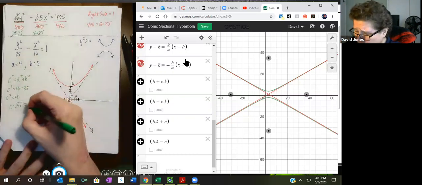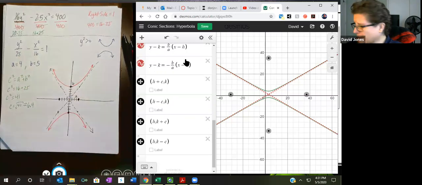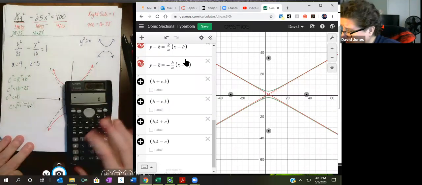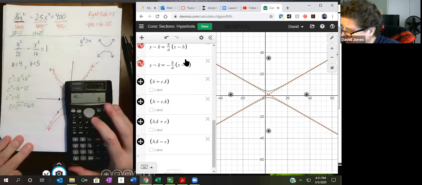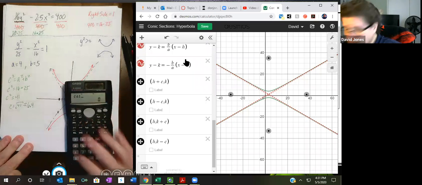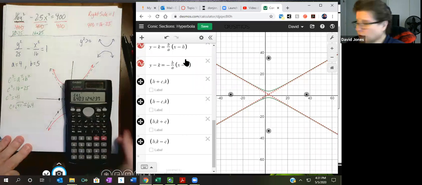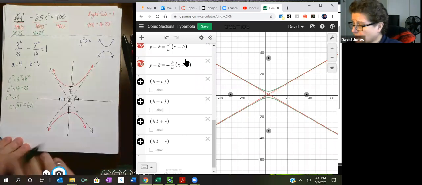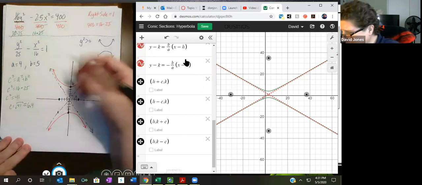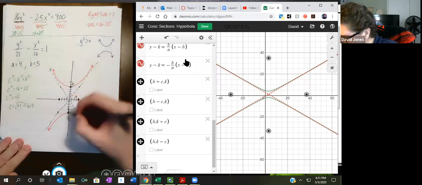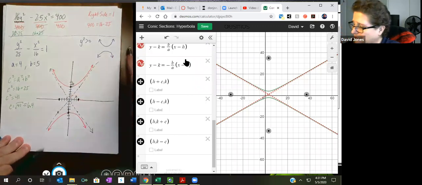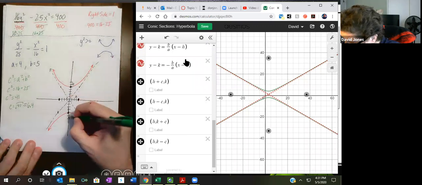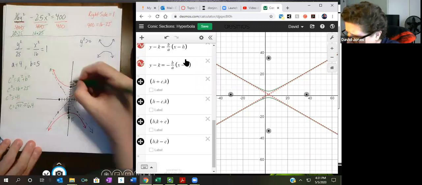This is about 6.4. I'm estimating that. Maybe 6.3. 6.4, not bad. So I would go up 6.4 and down 6.4 from the center. And those are my focal points.